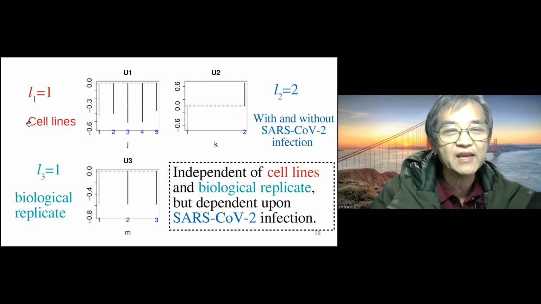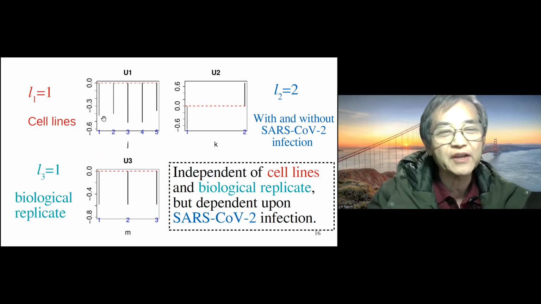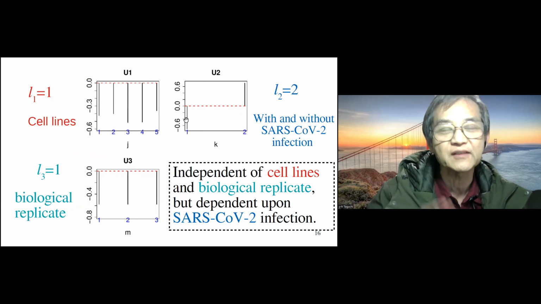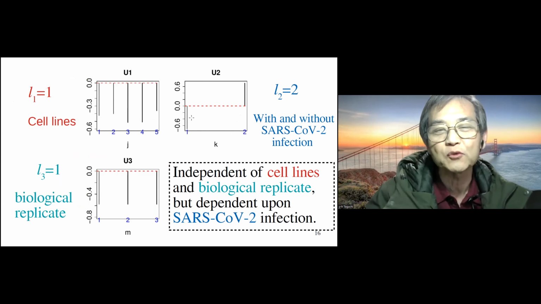This is a cell line vector, and since we would like to find genes whose expression is independent of the cell line, we would like to find which vector is independent of cell line, and this is k. k represents whether we infected or not. Now we would like to know which genes are distinctly expressed between infected cells and non-infected cells.